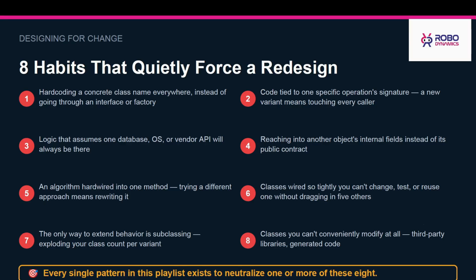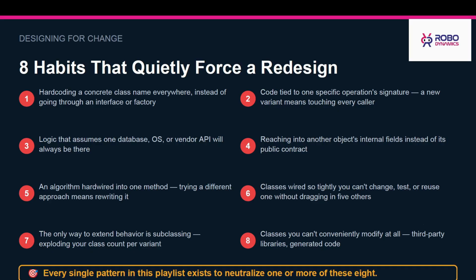If you are talking to a single vendor API, and tomorrow you expect more different vendor APIs to be used, you have to redesign. If you are using other classes' private data or fields and not using the public methods, you have to redesign. If the whole algorithm is inside one function, you have to redesign.